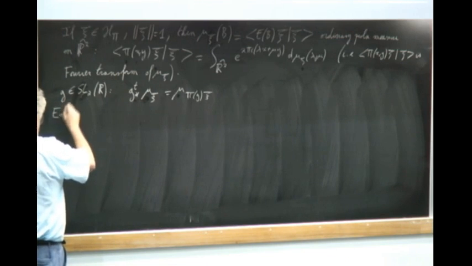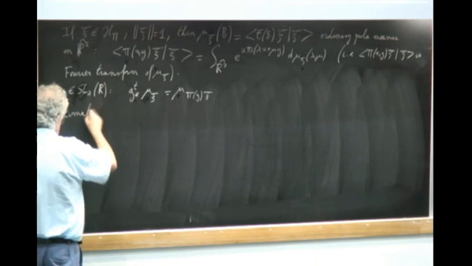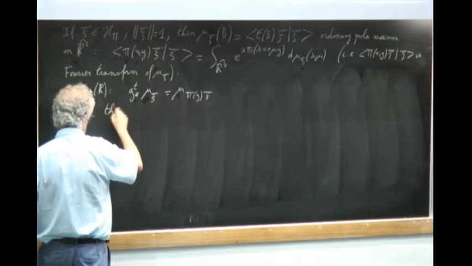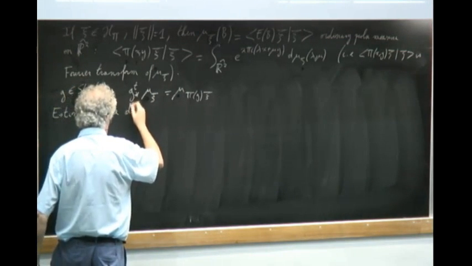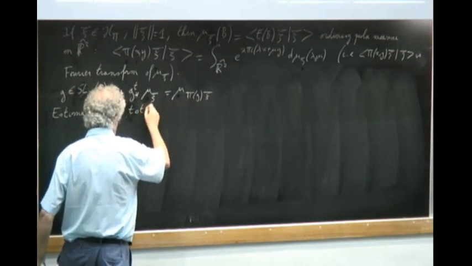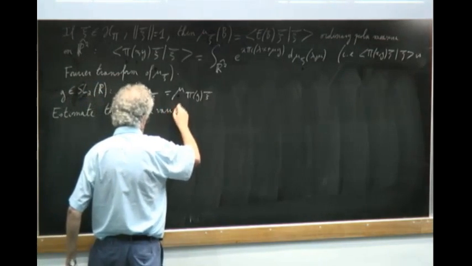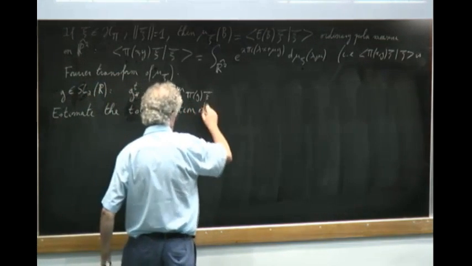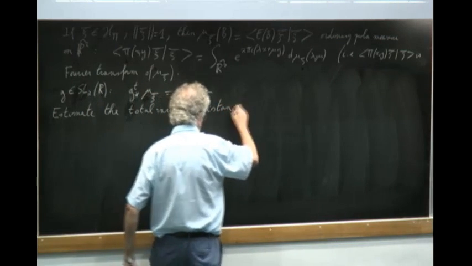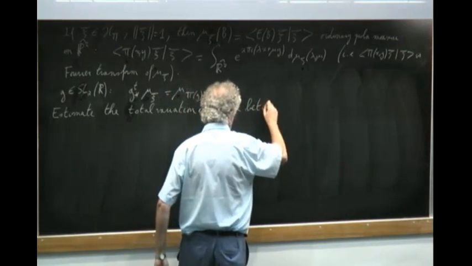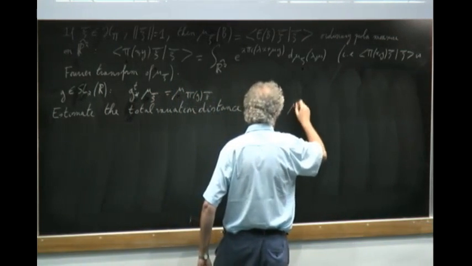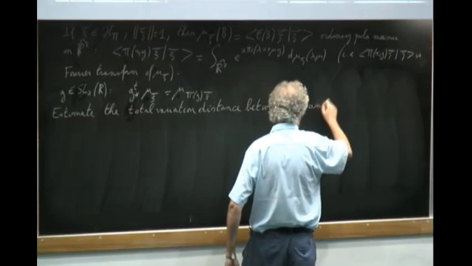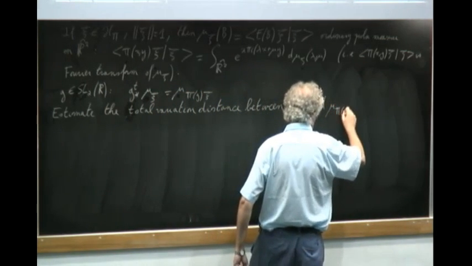So let us estimate the so-called total variation distance between mu sub psi and mu pi of g psi.